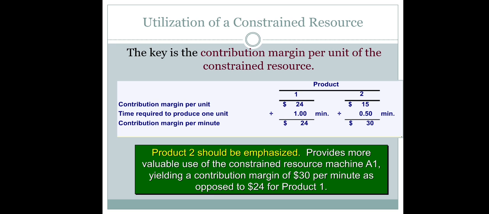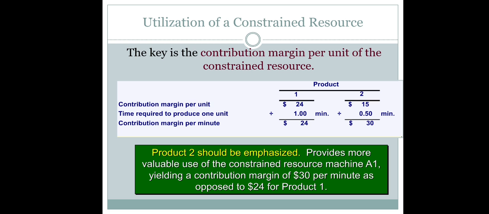If you want to make a decision for constraint resource, the first step is to calculate contribution margin per unit of constraint resource. So now you can see product 2 should be emphasized. It provides a more valuable use of constraint resource, machine 1, yielding a contribution margin of $30 per unit as opposed to only $24 for product 1.